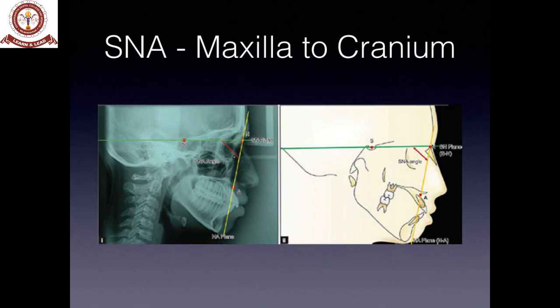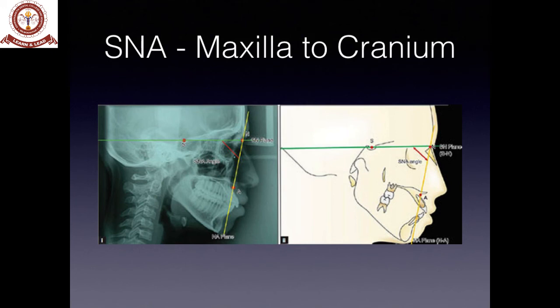Something called SNA. If we refer to the last slide, S denotes sella, N denotes nasion, and A denotes A point. A point is a point in the maxilla at the anterior most deepest part of the maxilla.